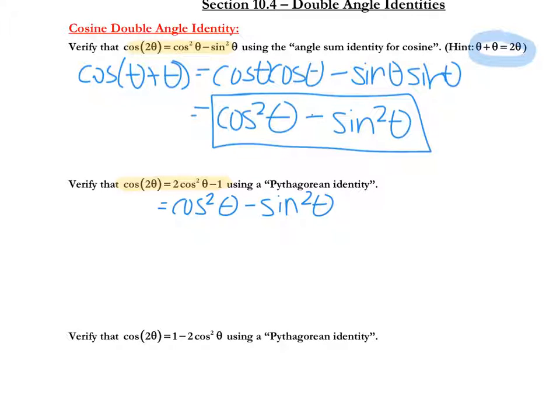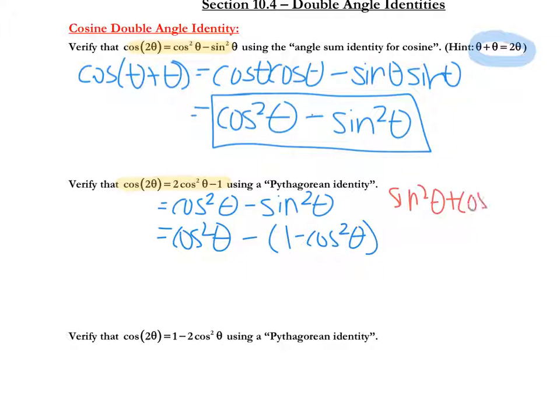Notice that everything is in terms of cosine on the right-hand side, so I want to switch everything that's sine, if I can, to cosine. So cosine squared theta minus (1 minus cosine squared theta). Why is that possible? Because sine squared plus cosine squared equals 1. And then we can subtract cosine squared.